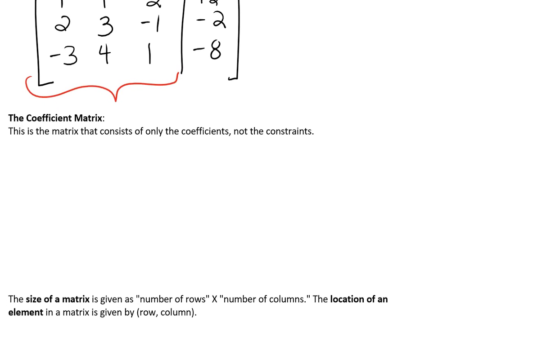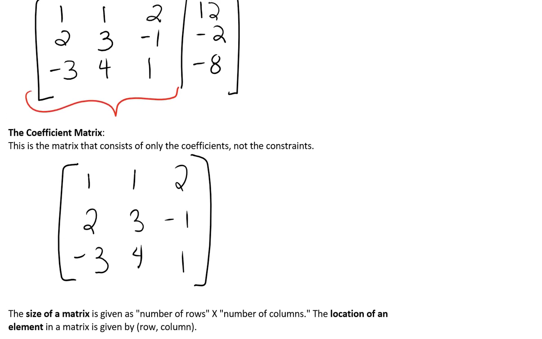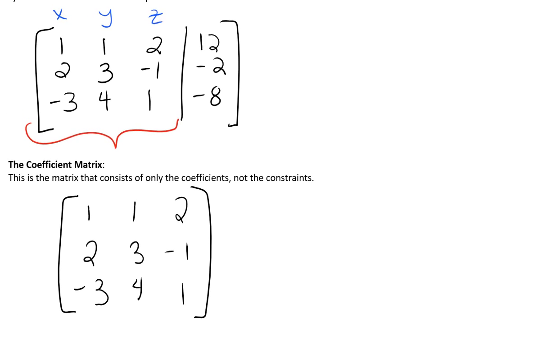In this case, our coefficient matrix would be 1, 2, -3, 1, 3, 4, 2, -1, +1. Notice that the two matrices, the augmented matrix and the coefficient matrix, are similar but different. These two matrices are not the same because they are not the same size. So even though most of their entries are the same, they're not the same size, so we cannot say these two matrices are equal to each other.